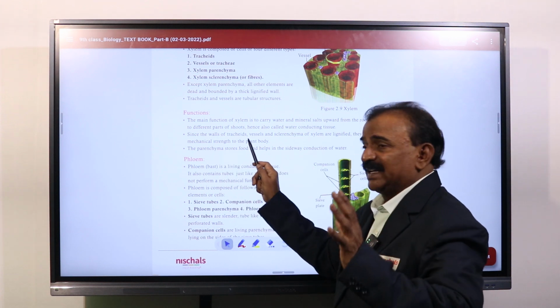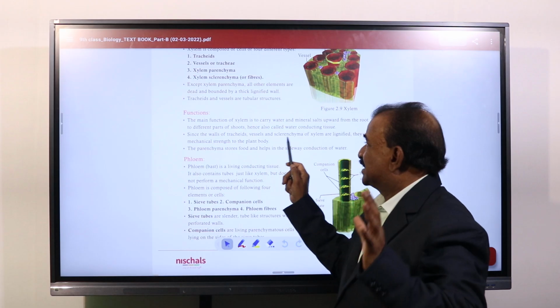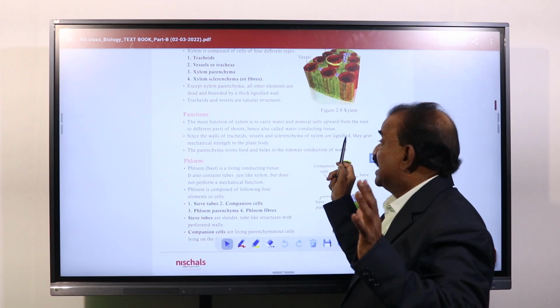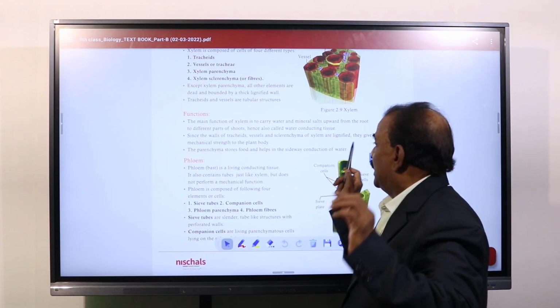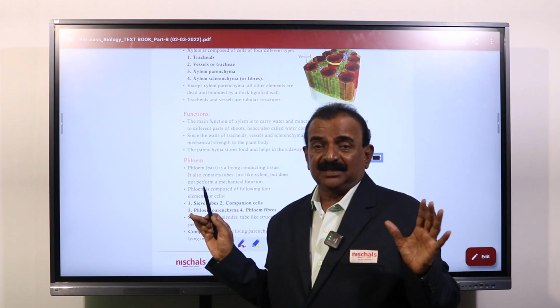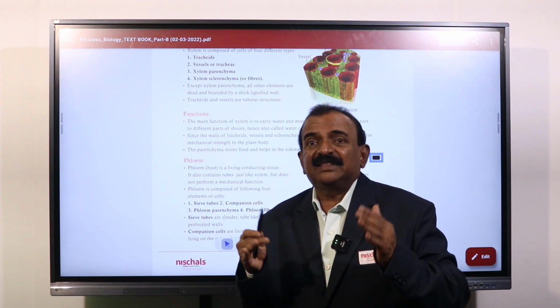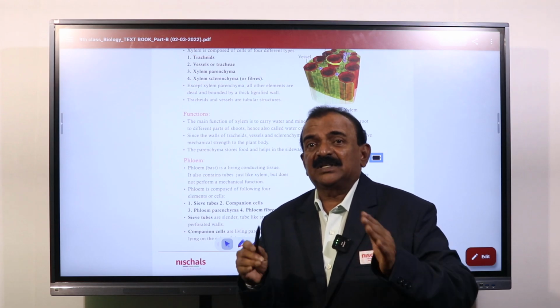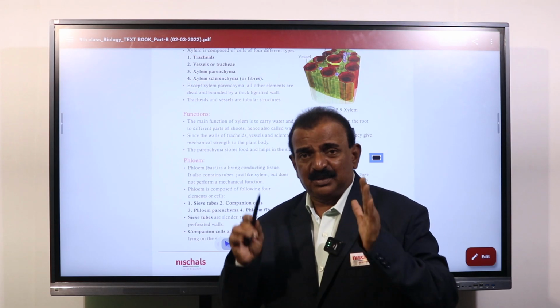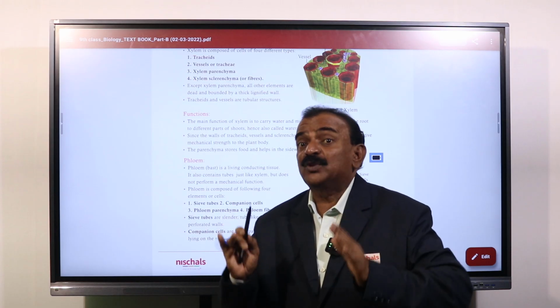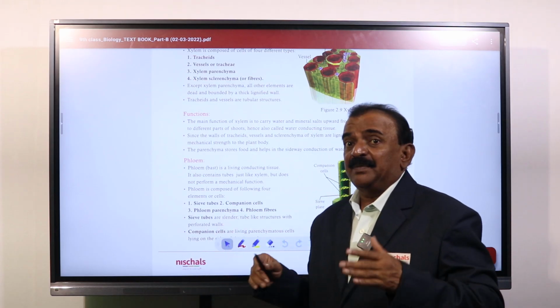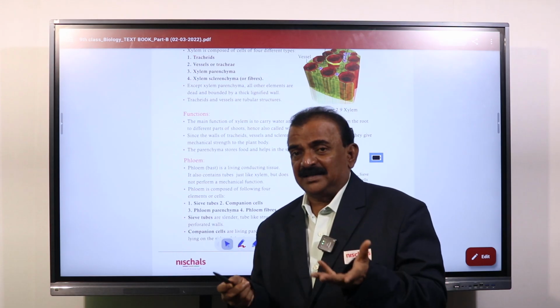Since the walls of the tracheids, vessels and sclerenchyma of xylem are lignified, they give mechanical strength. Their walls are lignified and thick, and these thick walls give mechanical strength to the plant body. They form wood. Here many dicot plants are woody plants.